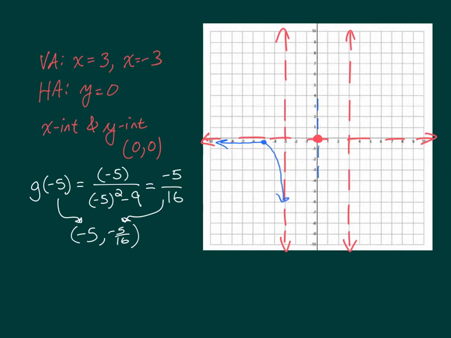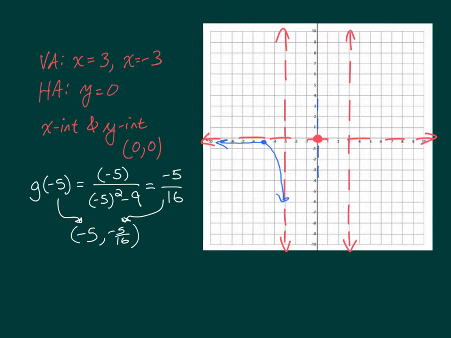So we need to pick a value that is between negative 3 and 0 to see if it'll be above or below the horizontal asymptote. Then we will need to pick a value between 0 and positive 3 to see if the graph will be above or below the horizontal asymptote. So anytime we have an x-intercept on the horizontal asymptote, we will have to check both sides of the x-intercept.